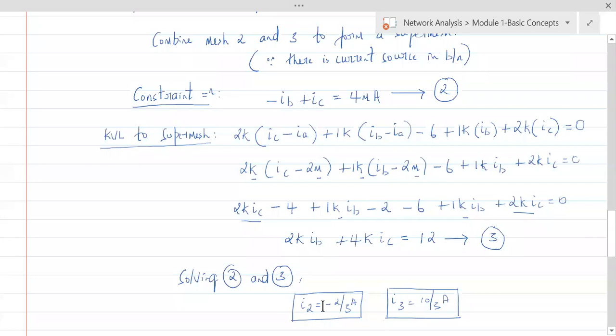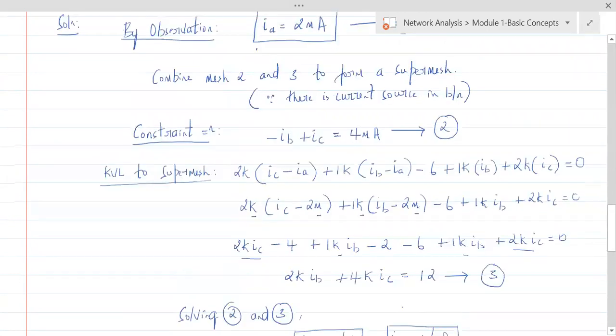Yeah, your I2 is minus 2 by 3. And sorry, why am I writing I2 and I3 here? This is IB, and this is IC. We have named it as IA, IB, IC, mind you.